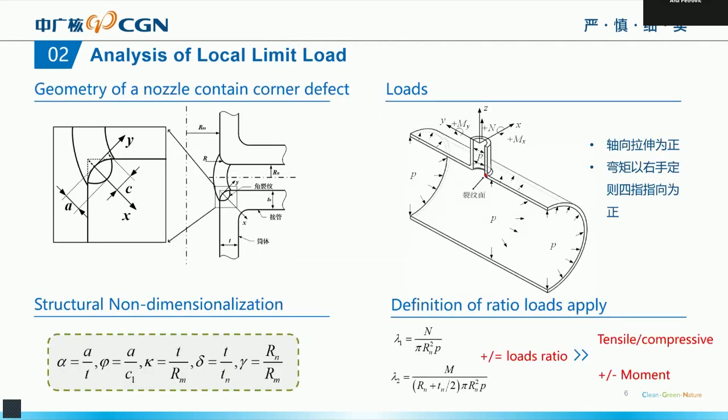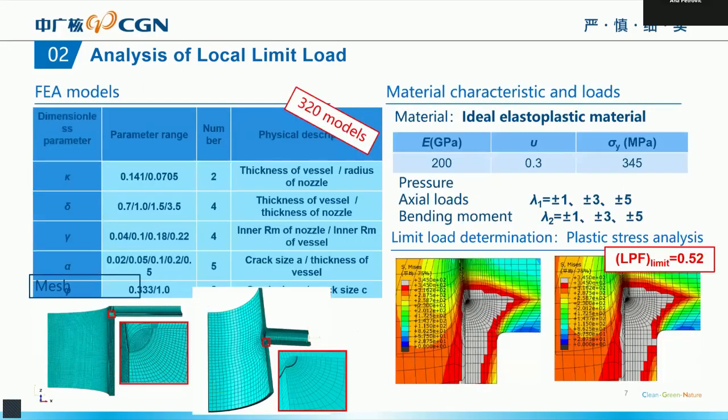Okay, here is the model. This is the geometry of a nozzle containing a corner defect, with the loads, the structural non-dimensionalizations, and the definition of the ratio of loads applied.